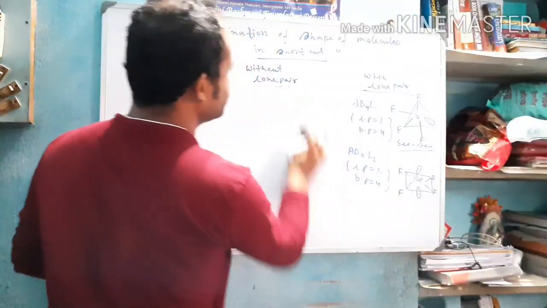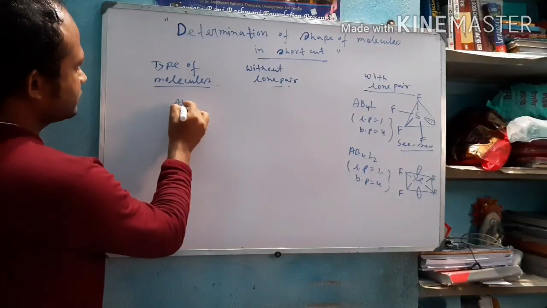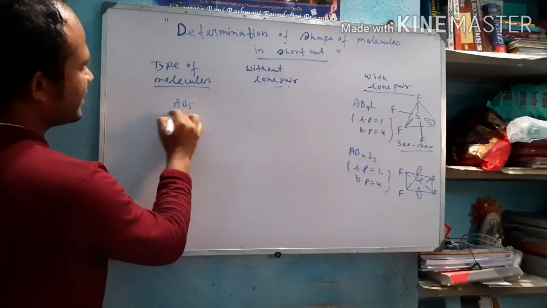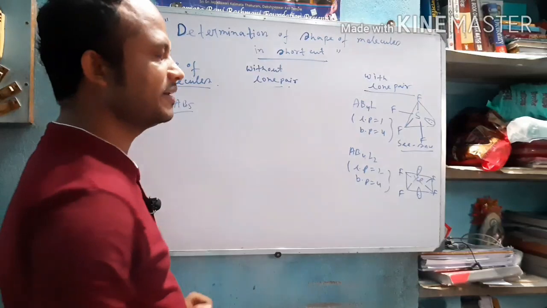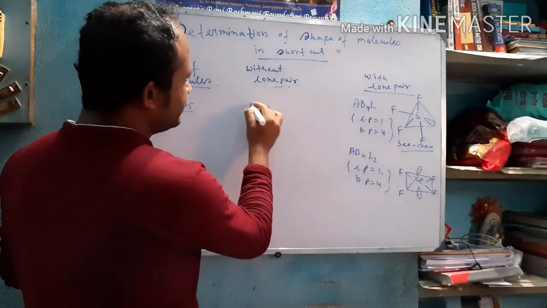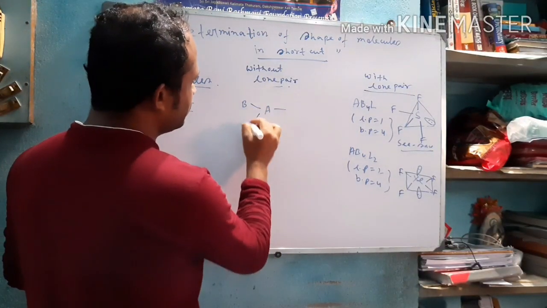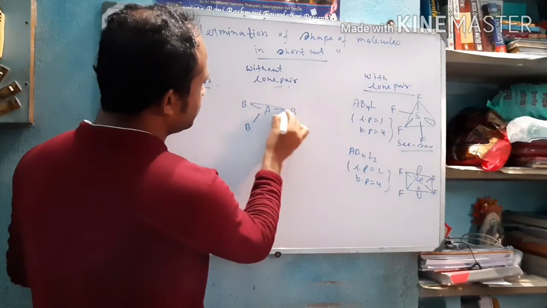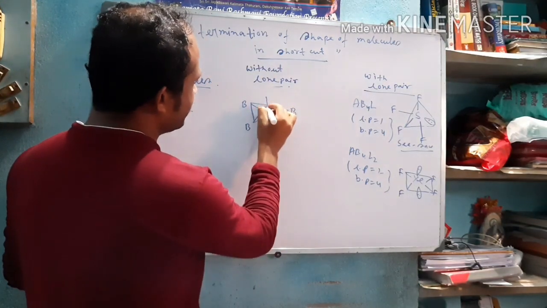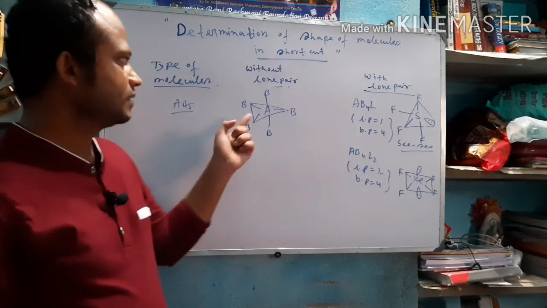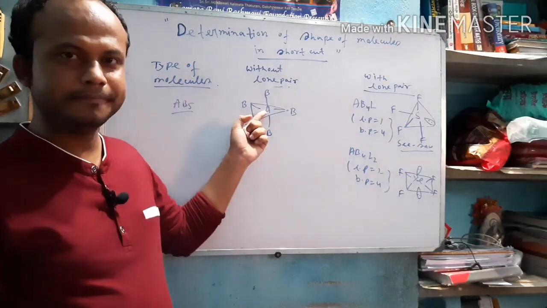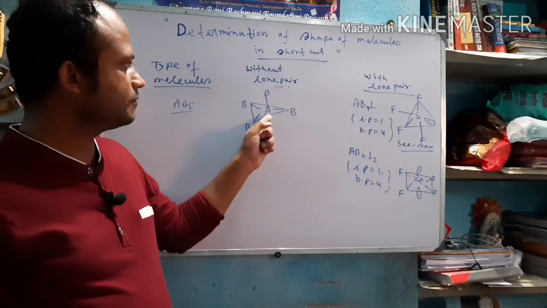Next, AB5 type molecules. AB5 without lone pair, that is A and 3 B atoms along the plane and 1 above the plane, 1 B below the plane. What is the valence electron of A? 1, 2, 3, 4, 5.